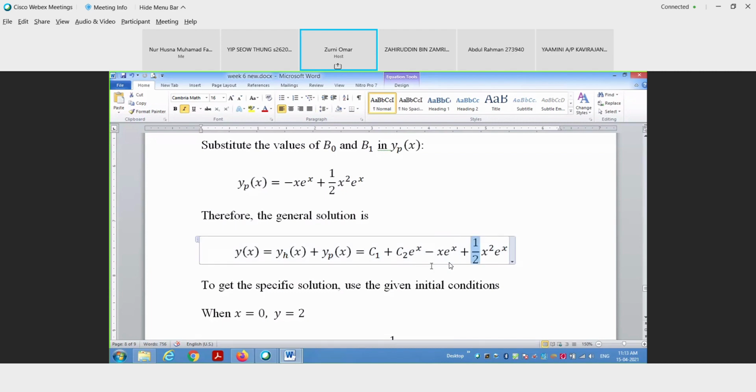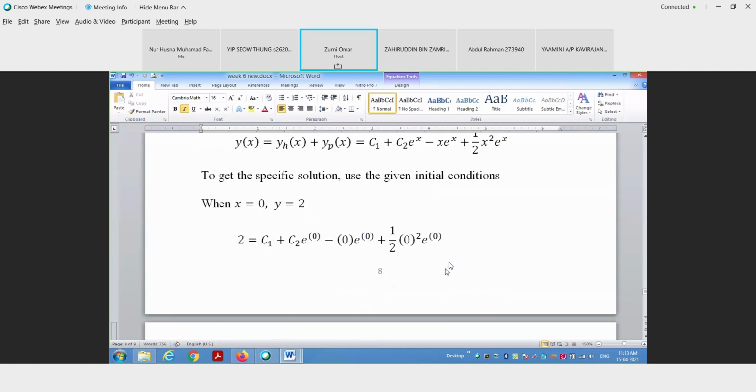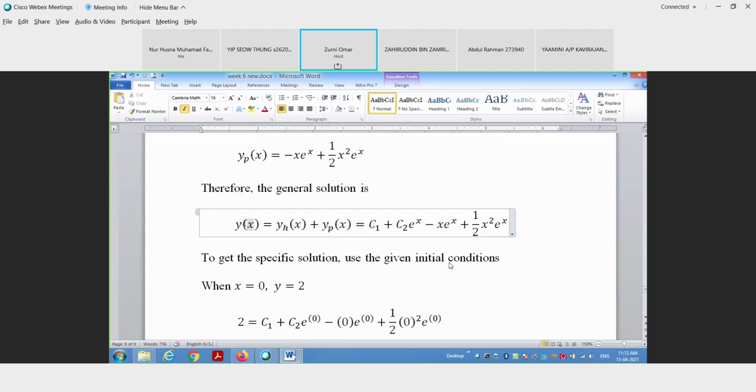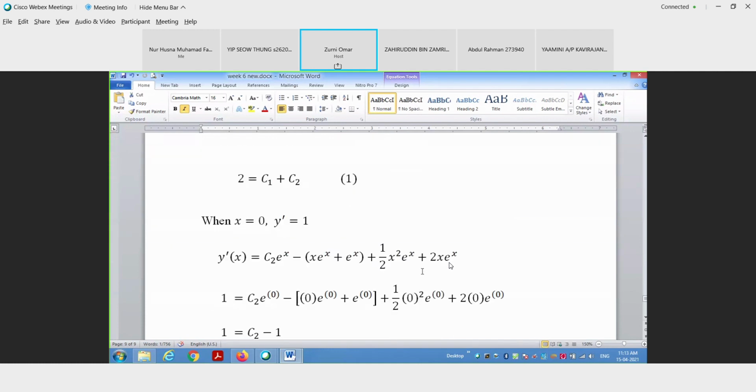So your y prime equals c2 e^x minus x e^x plus e^x plus 1/2 x squared e^x plus 2x e^x. You have to take the first derivative of this. I uploaded the note, you can refer to the note here. So y prime equals this expression.